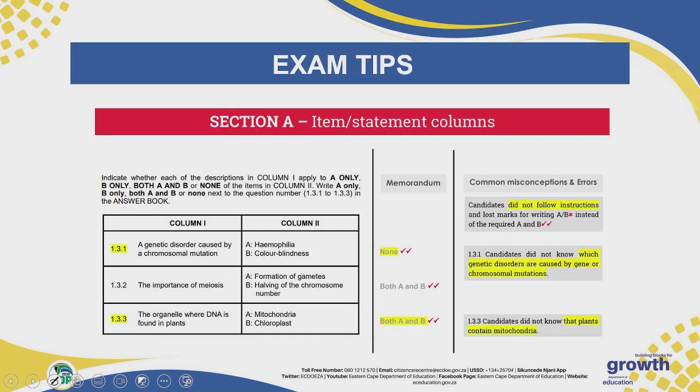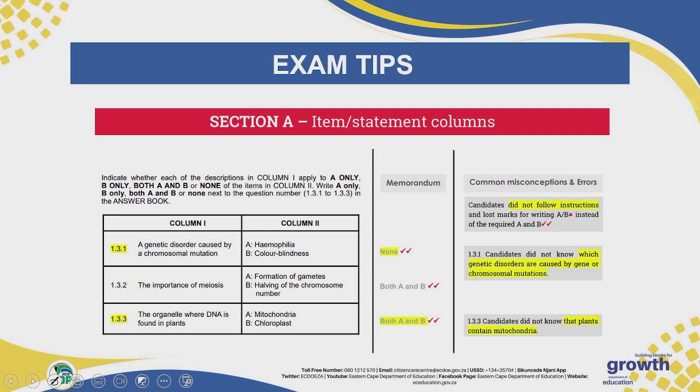Can we move on? This is another example of a question in Section A, the item and statements column questions, where you are given a statement in column 1 and then an item in column B. Here, you need to pay attention to the instructions.